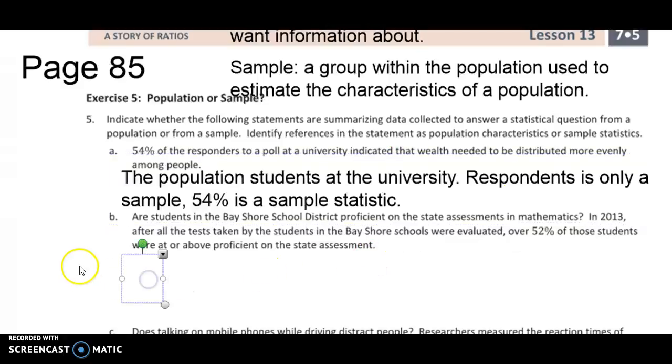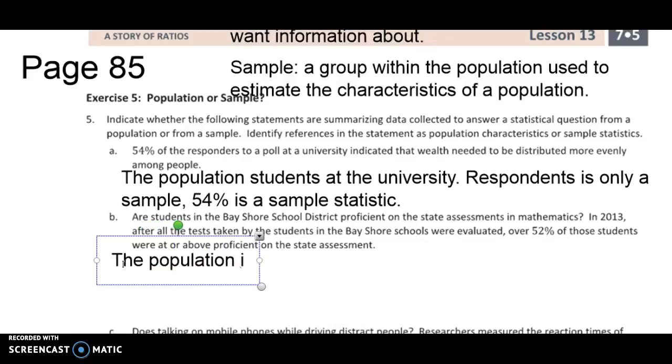Letter B, are students in the Bay Shore School District proficient on the state assessments in math? In 2013, after all the tests were evaluated, over 52% of those students were at or above proficient on the state assessment. Okay, now let's talk about Bay Shore School District, but our school district does this as well, right? They look to see how many people reach proficient, reach advanced. So the population for this one is the Bay Shore School District, right?